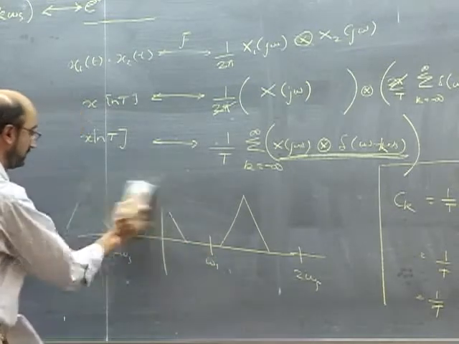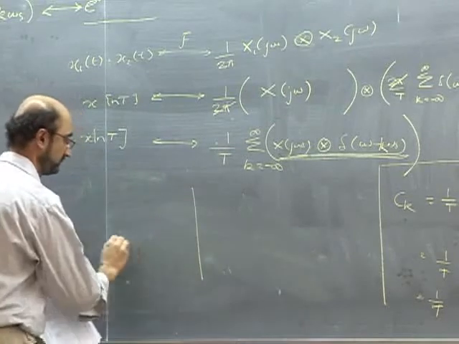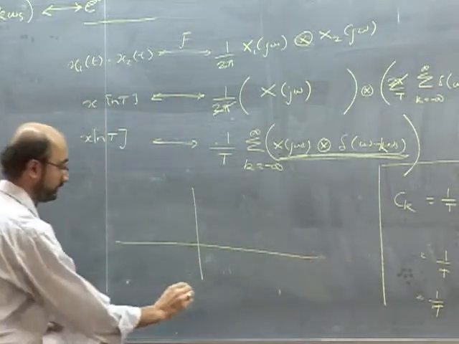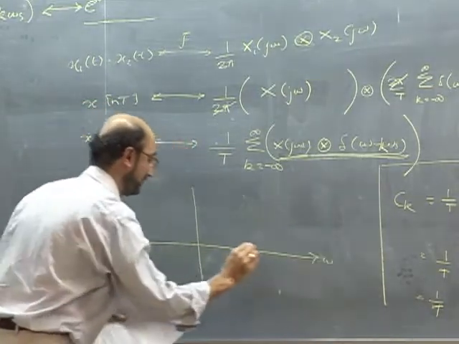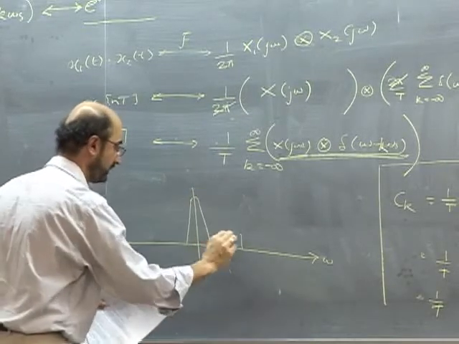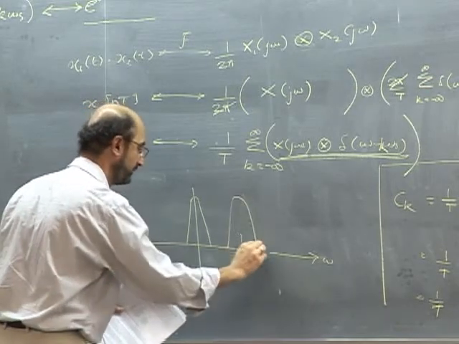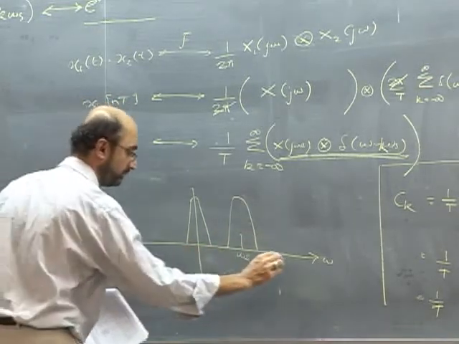So let me just draw it properly here. There's ω, and if I have some function like this, then this is going to be ω_s. The center point is shifted by ω_s.